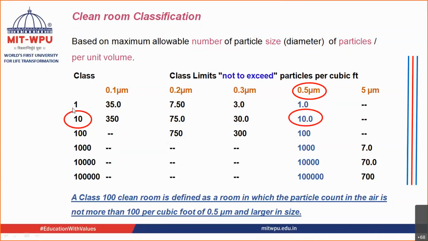Your other production and compounding activities can be carried out in the class 10 area, and other activities related to production and filling can be carried out in the class 100 area. Got it?